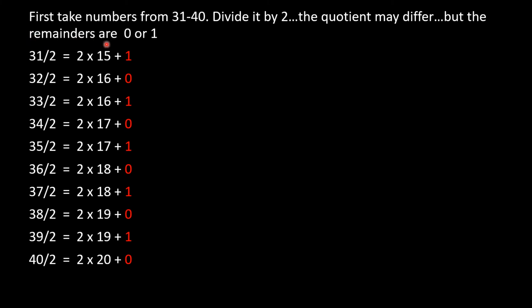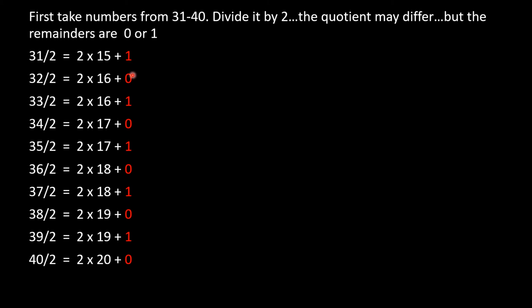First take numbers from 31 to 40 divided by 2. The quotient may differ, but the remainders are 0 or 1. When you divide 31 by 2, you will get 15, 2 fifteens are 30, and the remainder is 1. 32 means you will get 16, 2 sixteens are 32 and the remainder is 0. 33, 16, 2 sixteens are 32, the remainder is 1.